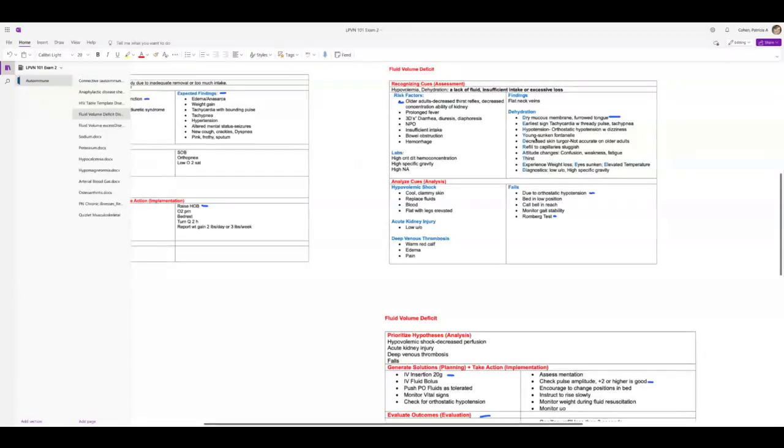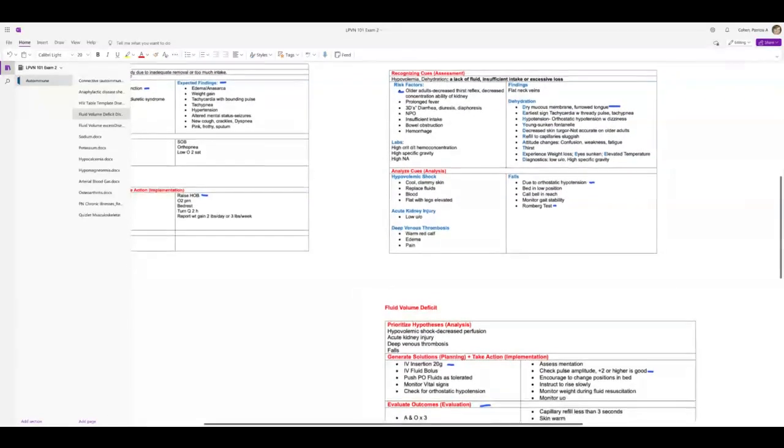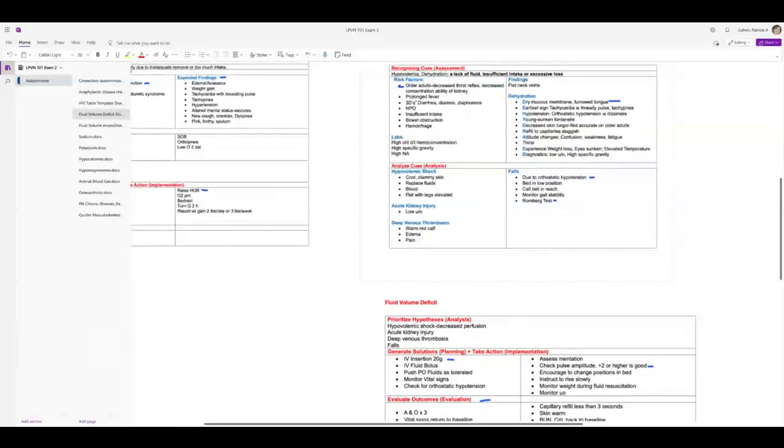They could have decreased skin turgor, which is not accurate on older adults, so I would not use skin turgor as an assessment finding in older adults. The cap refill is going to be sluggish, so greater than 3 seconds. They could have attitude changes.